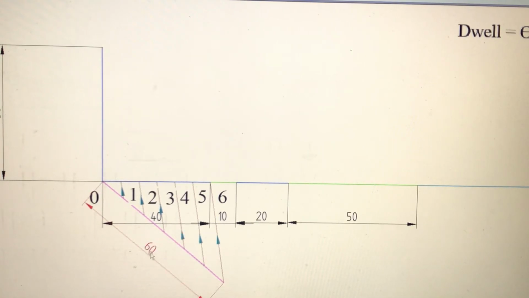For my convention I took 40 degrees and 60 mm. If I take 60 mm, I divide this inclined line into 6 equal parts, so I'll get 10 mm each. If it is 90 mm, I'll get 15 mm each. If it is 120 mm, I'll get 20 mm each.